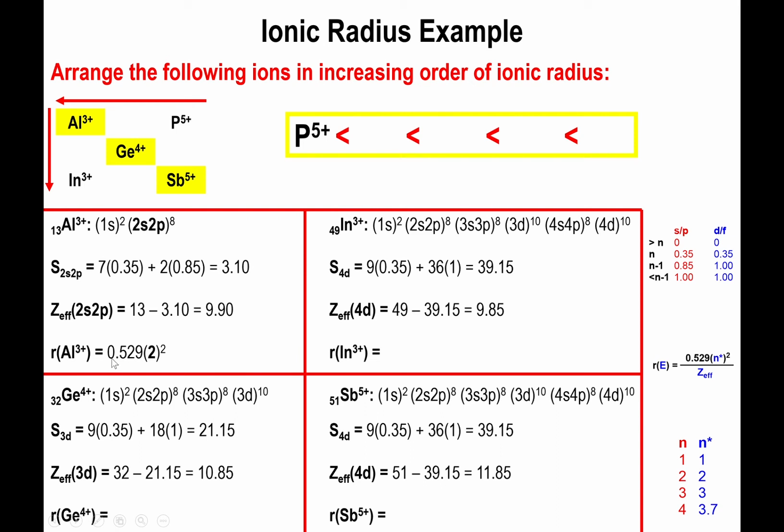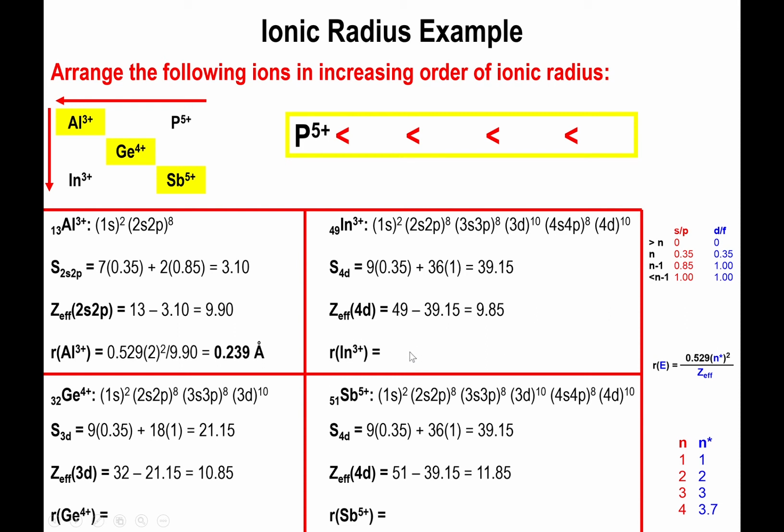So we basically multiply 0.529 by 2 squared, which is what we see here in the equation for the Bohr radius. And we divide this by the effective nuclear charge of aluminum 3+, which is 9.90. And when you carry out this multiplication and division, you find out that the approximation is 0.239 angstroms for the size of aluminum 3+.